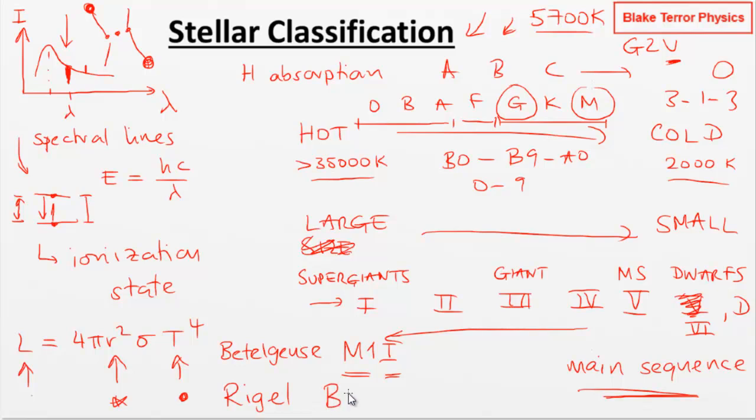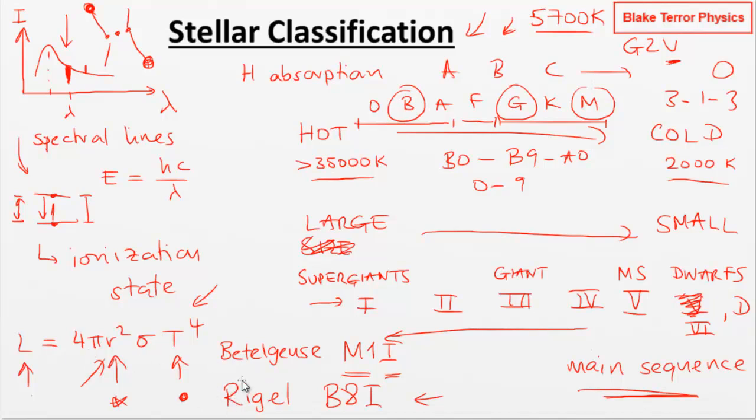This is a B8, but we've also got the Roman numeral I at the end. So it's a supergiant again, but it's a B8. So it's at the hot end of our temperature scale. That's a real powerhouse star, Rigel is. It's got this huge luminosity because of the high temperature and the large radius. It's got everything going for it.